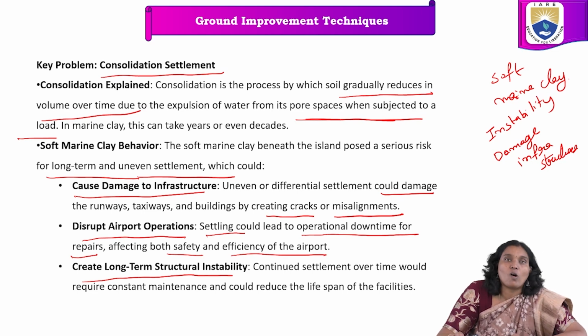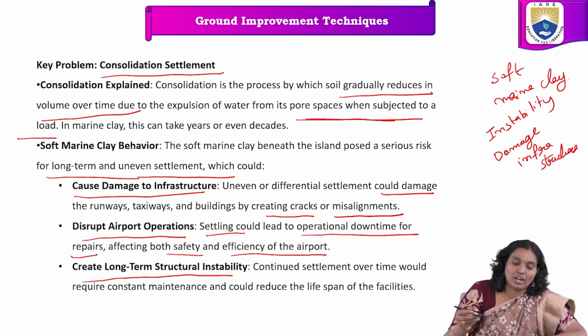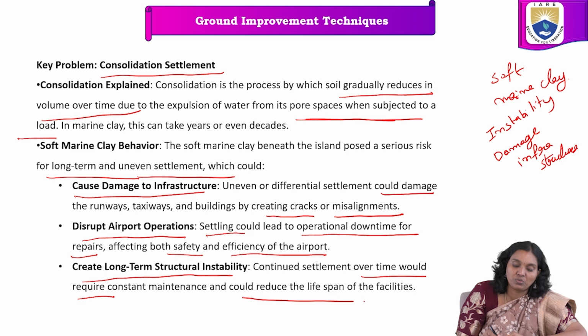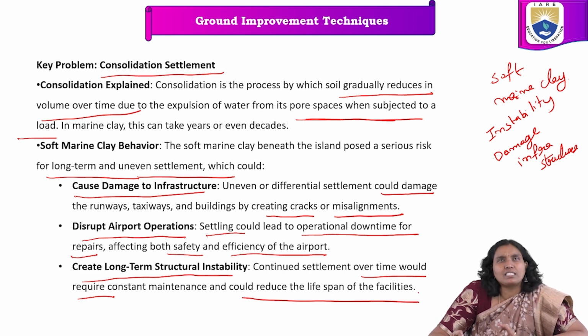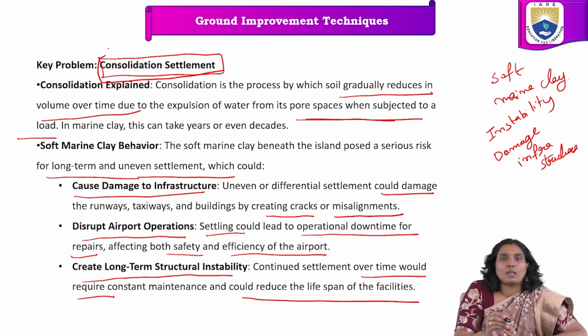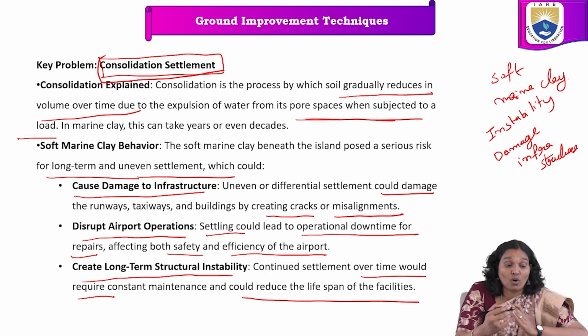In creating long-term structural instability, continued settlement over time would require constant maintenance and could reduce the lifespan of the facilities. This is the key problem we understand from these challenges.